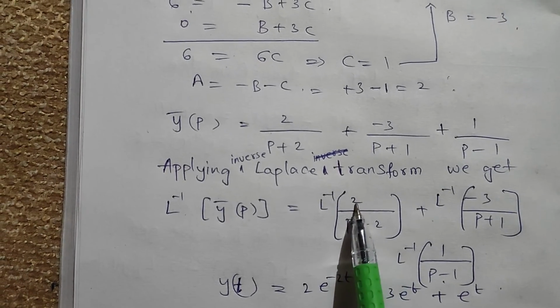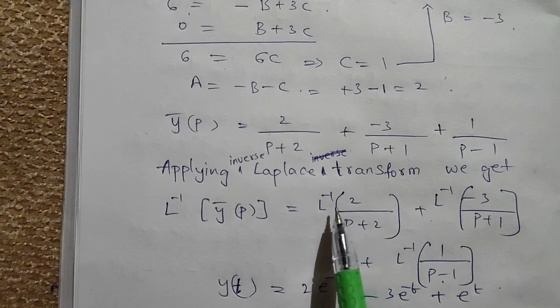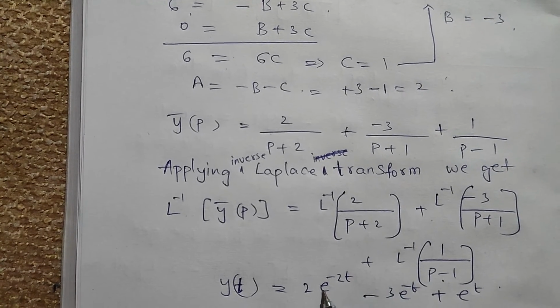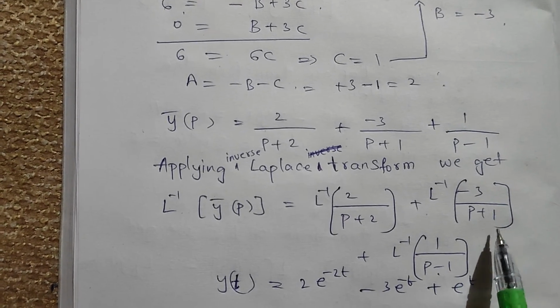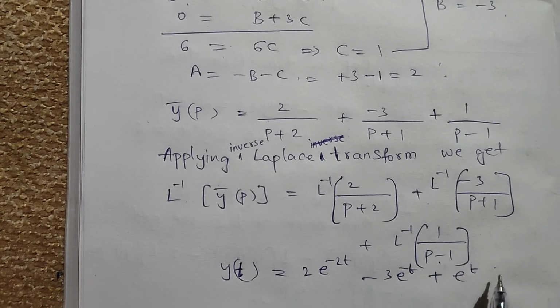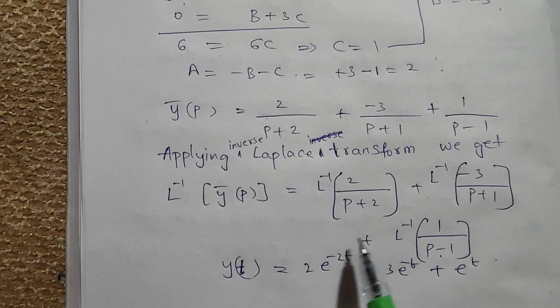So now this 2, because it is a constant, you can take it out, and Laplace inverse of 1 by p plus 2 will become e power minus 2t, and Laplace inverse of 1 by p plus 1 will become e power minus t, and Laplace inverse of 1 by p minus 1 will become e power t. So this is the solution.